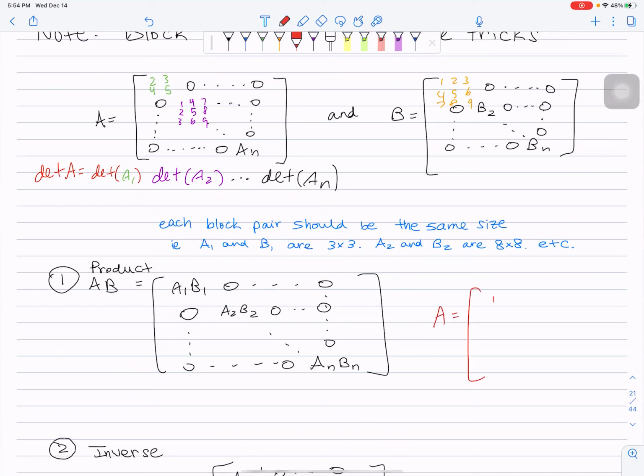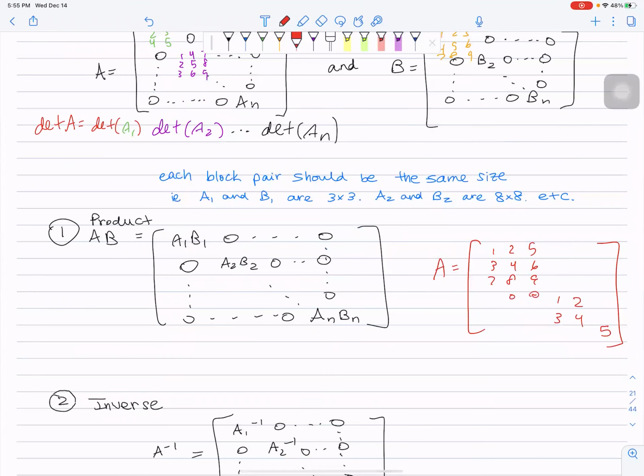So if they gave you some random matrix like 1, 2, 3, 4, like this, and 1, 2, 3, 4, 5, and zeros everywhere else, then you can see that the blocks are going to be this block and this block. So from this, I can take the determinant of A. Determinant of A is going to be the determinant of the top block, the 3 by 3 thing, times the determinant of the 2 by 2 thing, times 5.